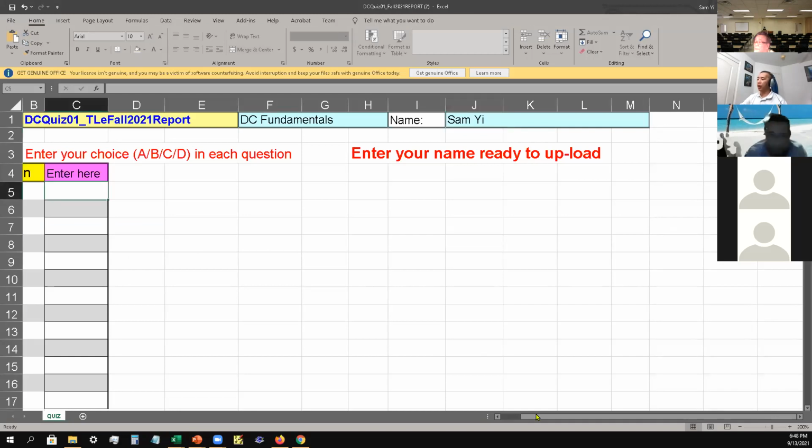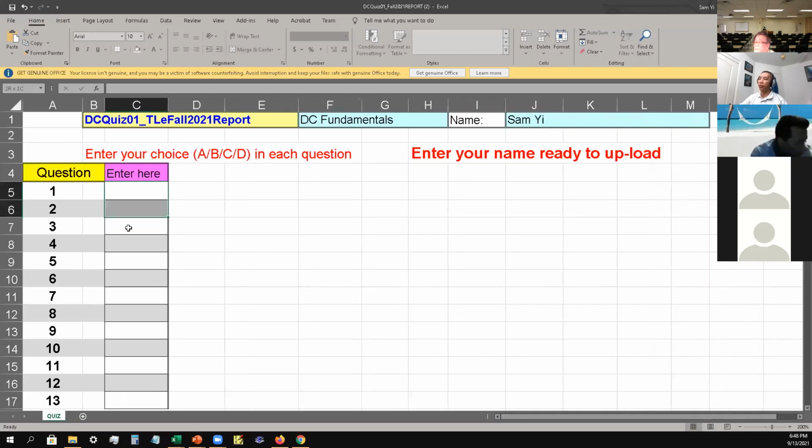So when I run the test, you just type your answer here. If the answer is C, you go to number 1 and type C, in lowercase or capital, it doesn't matter, I will be looking through it later. Press enter, then wait for the next question.